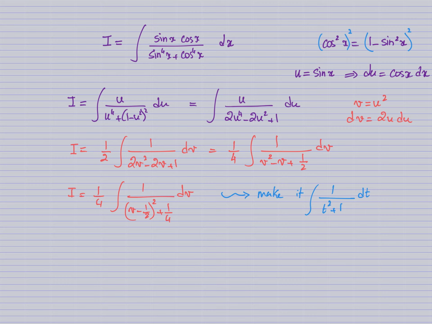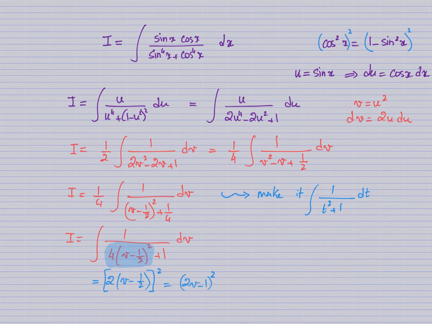Now, in order to have something like this, we start with factoring the denominator here by 1/4. So after simplifying by 1/4, we will get I equals the integral of 1 over 4 times v minus 1/2 squared plus 1 dv.